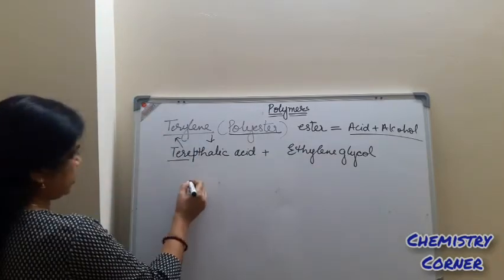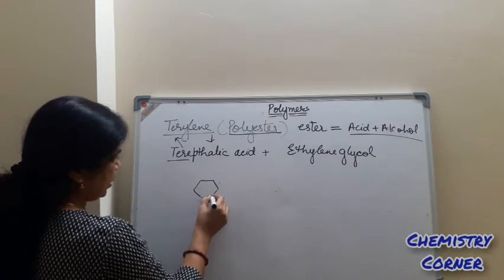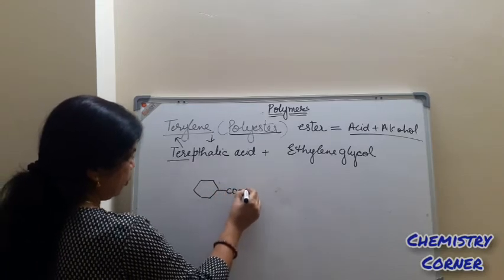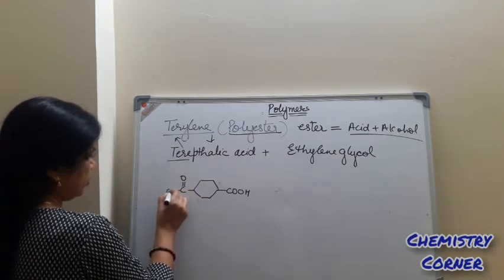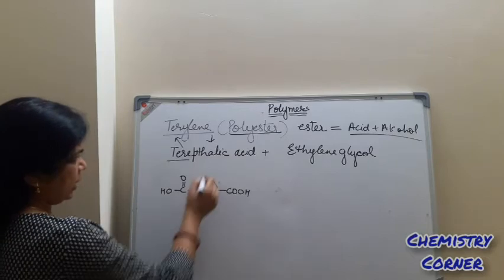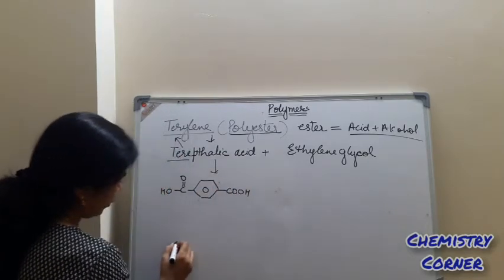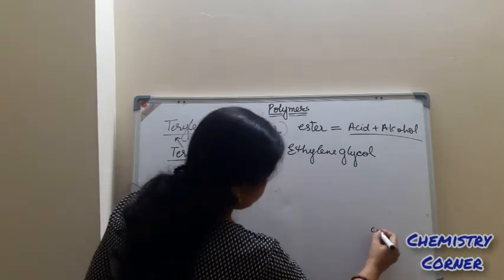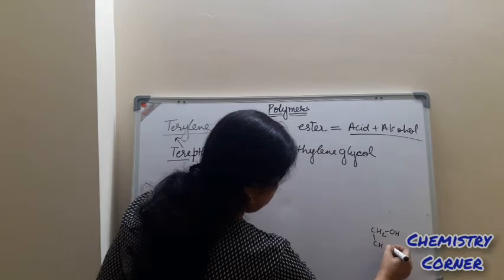So let's start with the structure. What is terephthalic acid? Terephthalic acid is a benzene derivative where two carboxylic acids are attached at the 1 and 4 positions. So it is terephthalic acid. And ethylene glycol. We know the ethylene glycol structure is this: CH2OH, CH2OH.